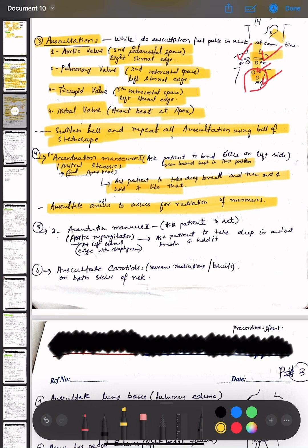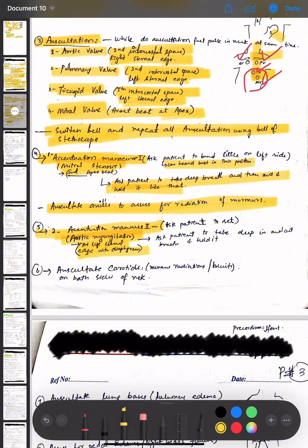Accentuation maneuver 2 is to ask the patient to sit and then ask the patient to take a deep breath in and out and hold it, and listen at the left sternal edge with the diaphragm for aortic regurgitation. Accentuation maneuver 2 is performed for aortic regurgitation.